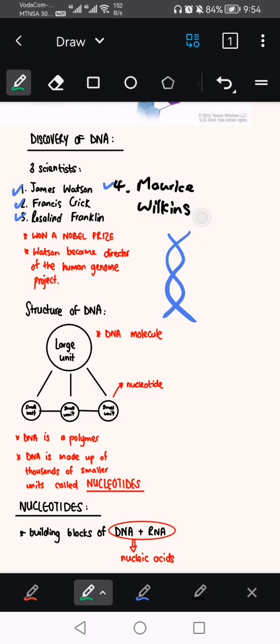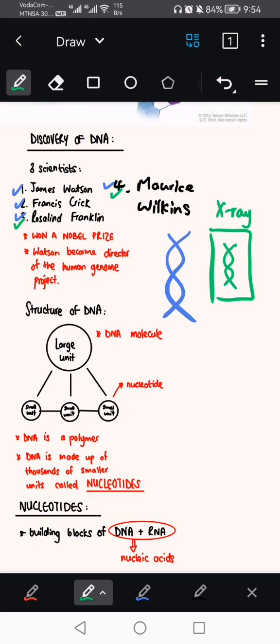However, if they ask you who took the X-ray of DNA, this is where the difference comes in. If they ask you who took the X-ray of DNA, you are only allowed to say Rosalind Franklin or Maurice Wilkins, because the story goes that Rosalind Franklin and Maurice Wilkins discovered the X-ray of DNA.